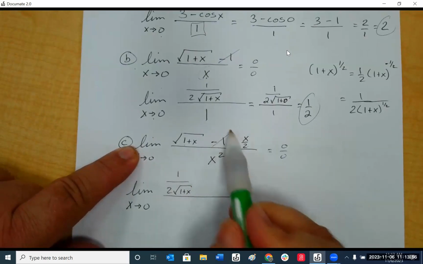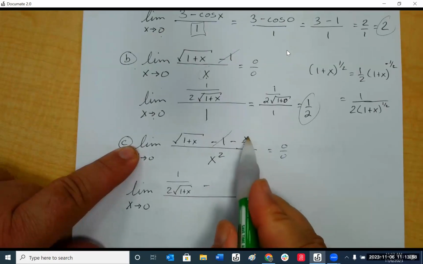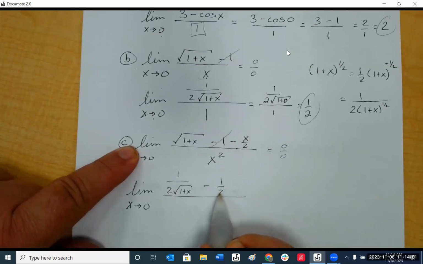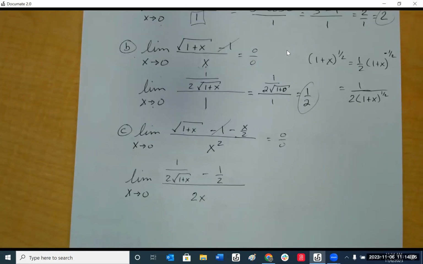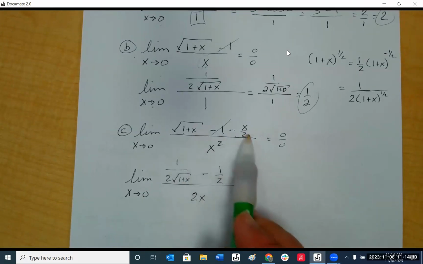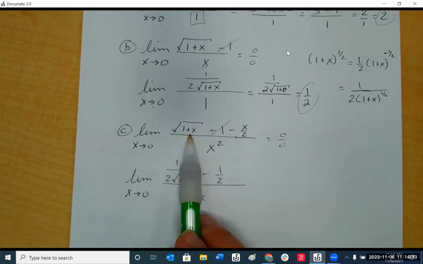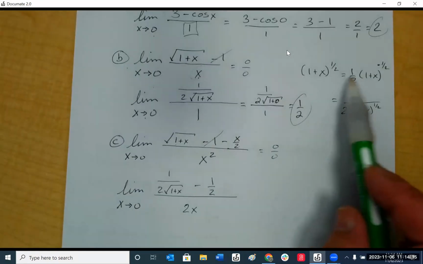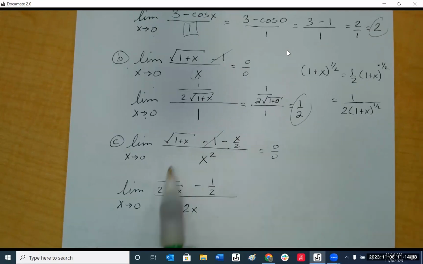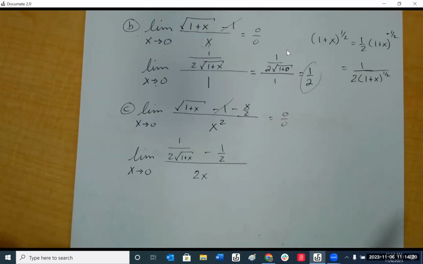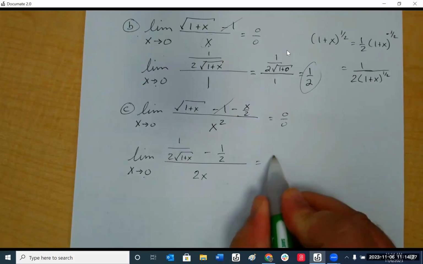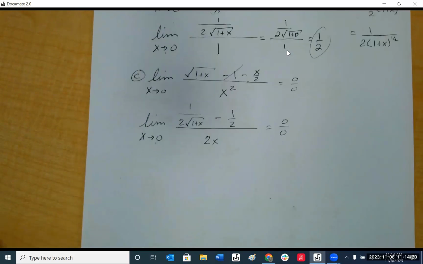The derivative of 1 is 0, it disappears. Derivative of x over 2 is 1/2 over 2x. So we do each one of these separately. Since square root of 1 plus x, we just did it up here, I can just copy that over. We plug in 0, we get 1/2 minus 1/2 is 0 over 0. It's still 0 over 0. So we do it again.